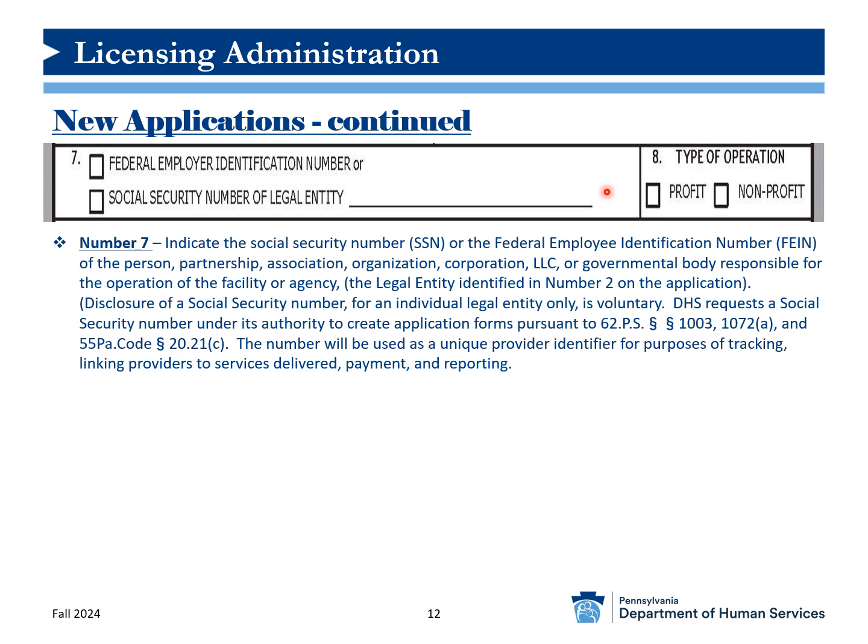That number should be listed here. And if you do list your Social Security number, keep in mind that it is voluntary, and we do request it just for tax purposes and identification.